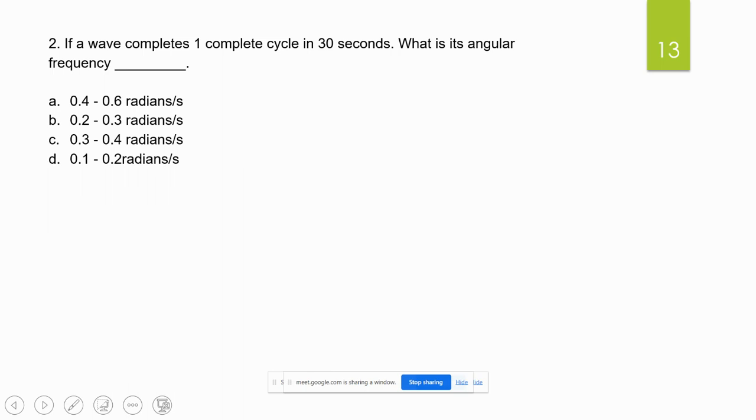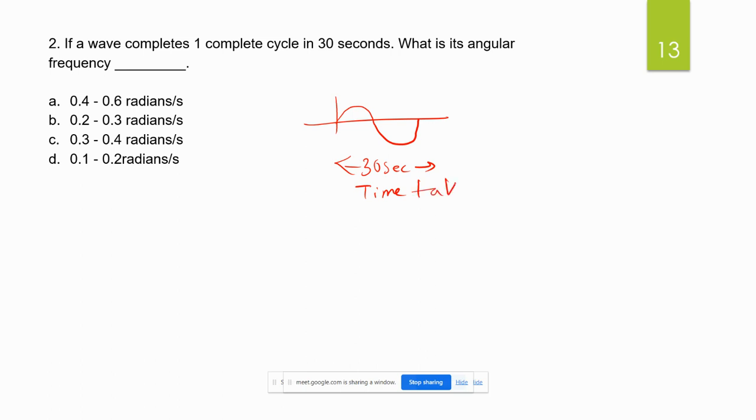So question is, if a wave completes one complete cycle in 30 seconds, what is its angular frequency? Again you take 2 minutes, then I will solve.